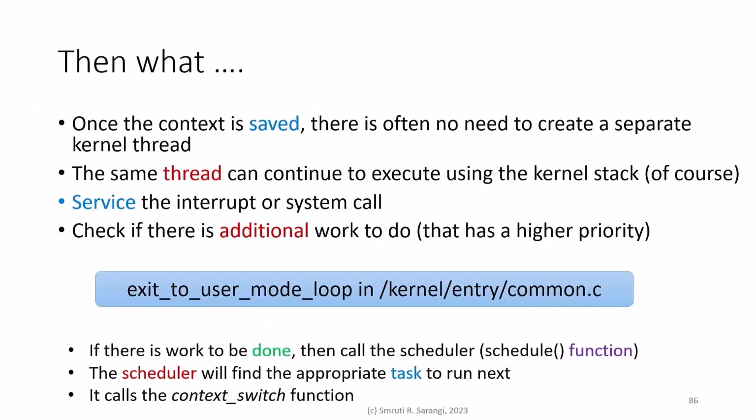So we have discussed the saving process and the restoration process. Let us now discuss what exactly happens when you enter the kernel, because you're in user mode, then you're in kernel mode. When you enter the kernel, we have already discussed that the context is safely stored on the kernel stack, and the context is also safely restored from the kernel stack.